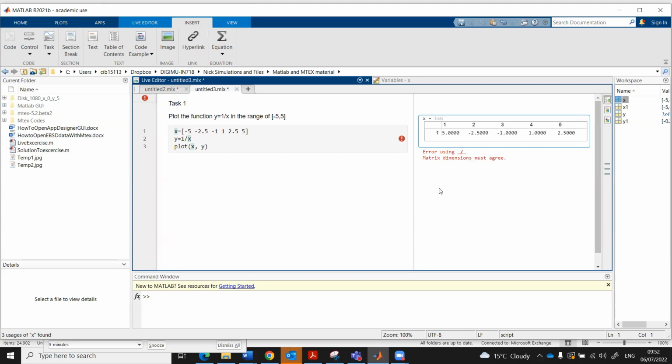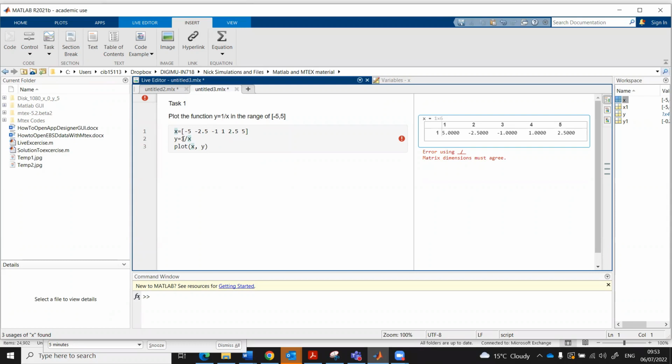But in reality, none of us wanted any inverse vector. The only thing we wanted was for each number to become 1 by -5, 1 by -2.5, and so on. So we wanted to do the division not for the total vector, but element by element.